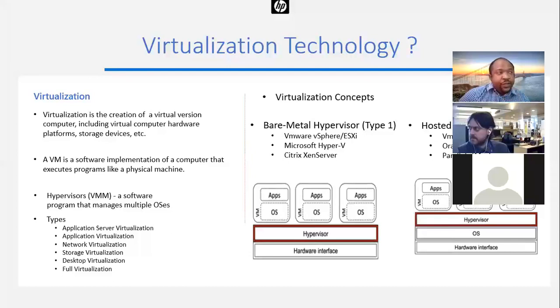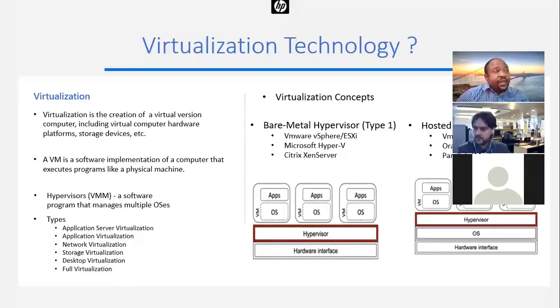And the software version of a computer that we create, we normally call it a virtual machine or a VM, which is a software implementation of a computer that executes programs just like a hardware computer. But before then, we also think about some of the infrastructure and requirements for virtualization, which is the VMM or the hypervisor, which we need to install before we can create the virtualization.